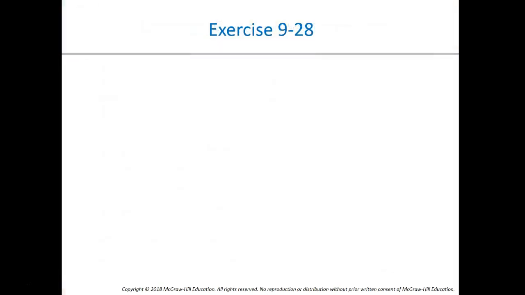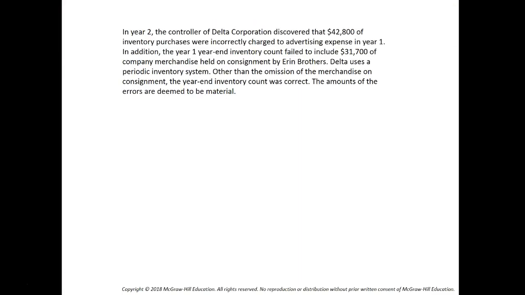Let's take a look at exercise 9-28. In year 2, the controller of Delta Corporation discovered that $42,800 of inventory purchases were incorrectly charged to advertising expense in year 1. In addition, the year 1 year-end inventory count failed to include $31,700 of company merchandise held on consignment by Aaron Brothers.